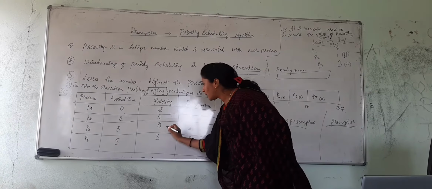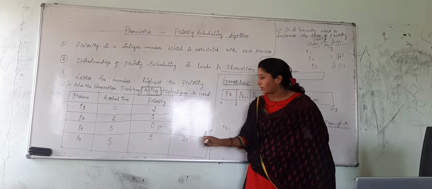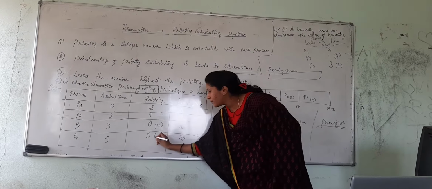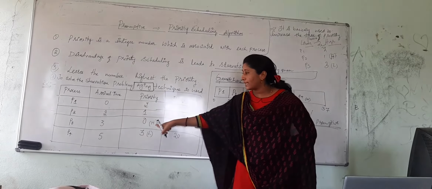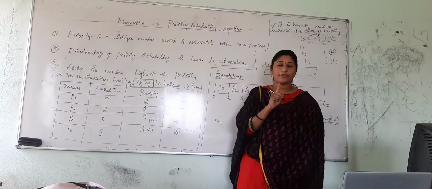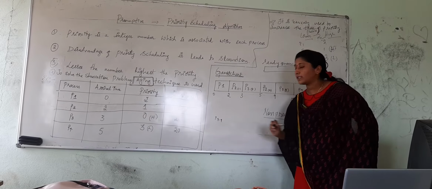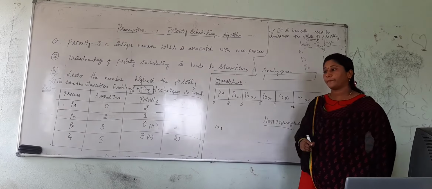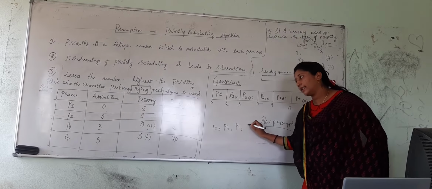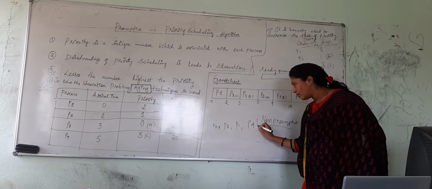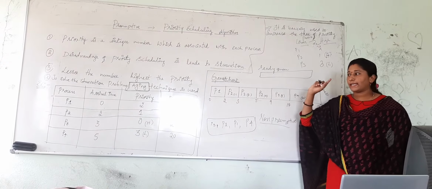Let us consider 0 is highest here and the highest number will be the lowest priority, meaning it gets the last chance for execution, whereas this one is given the first chance. So first P3 will be given a chance to execute, then P2, then P1, and finally P4. This is clearly known by looking at the example, right?